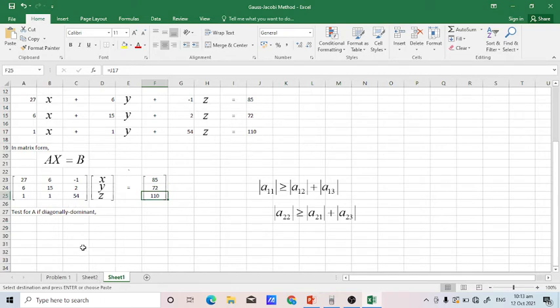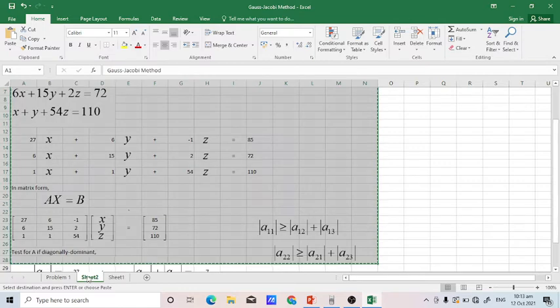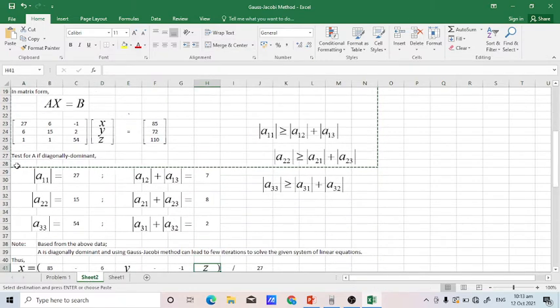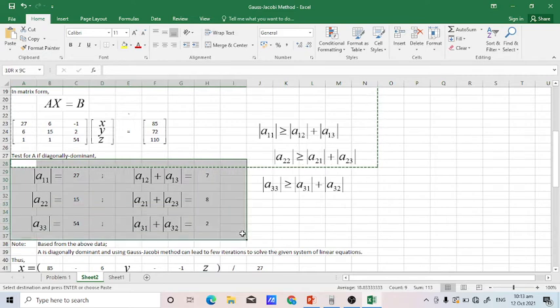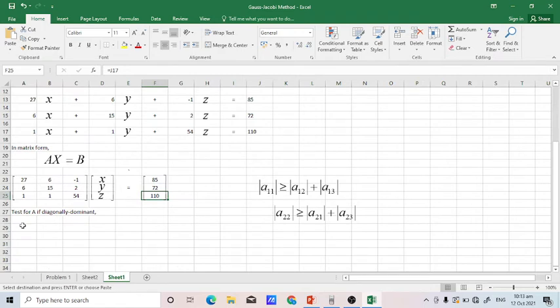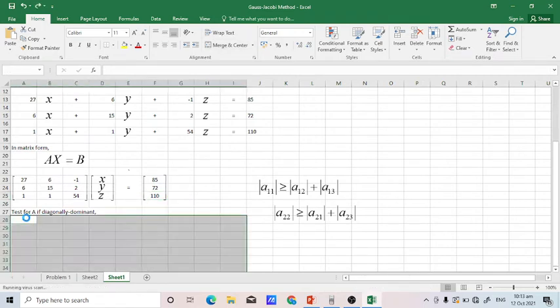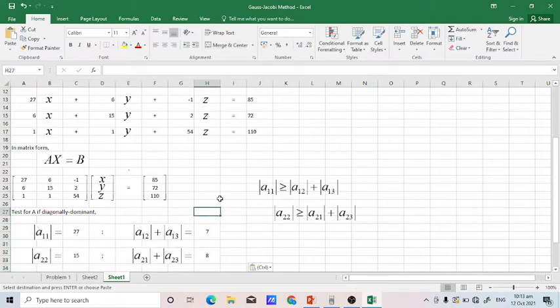Test for A, diagonally dominant, no? So ito siya. So test for A, diagonally dominant.